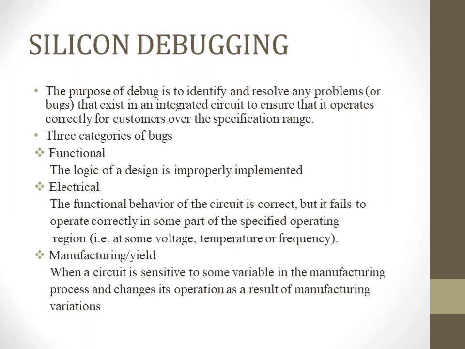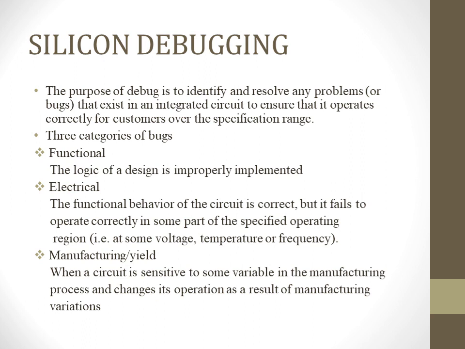Manufacturing or yield bugs occur when a circuit is sensitive to some variable in the manufacturing process and changes its operation as a result of manufacturing variations. For example, an analog circuit's operation may be sensitive to the gate length used for a transistor and may fail due to the manufacturing variations between different dies.